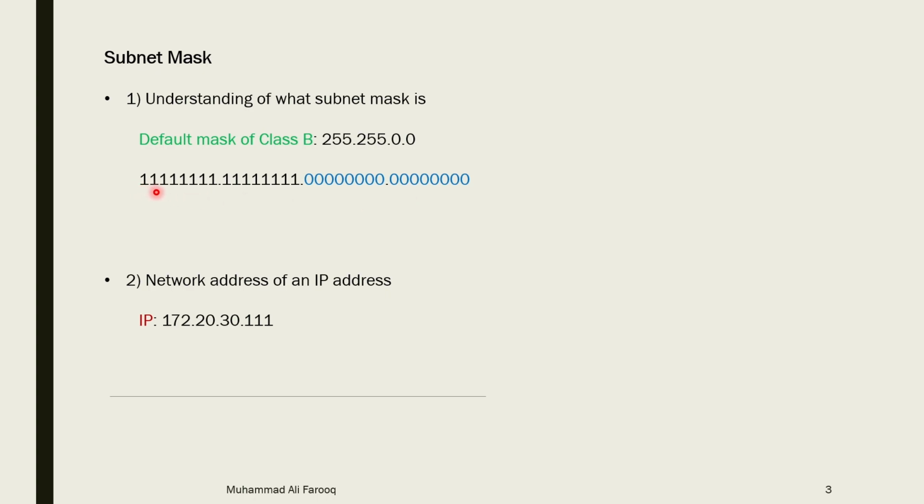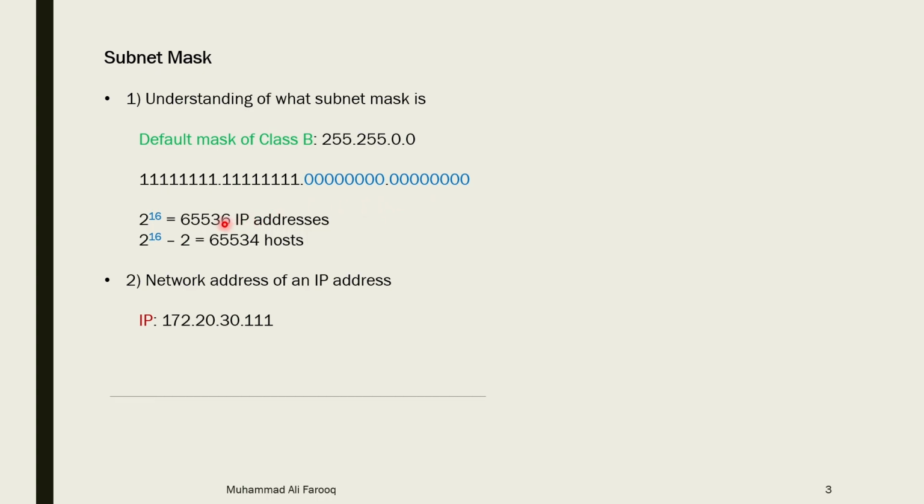So what do these ones mean and what do these zeros mean? These ones are till the second octet, which means that the first two octets of the IP address belong to the network portion, and the zeros mean that the remaining octets belong to the host portion.